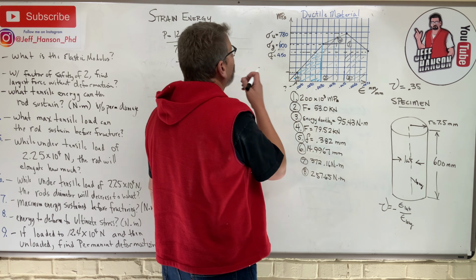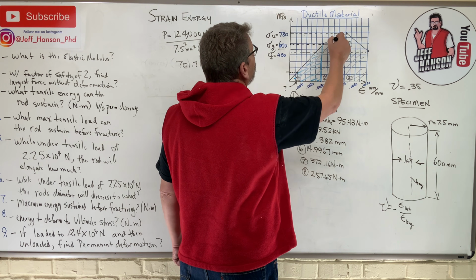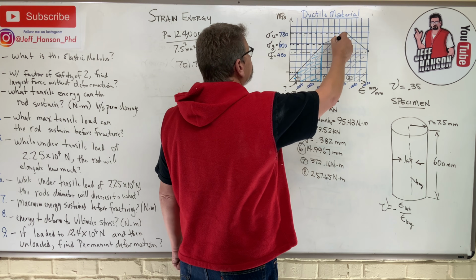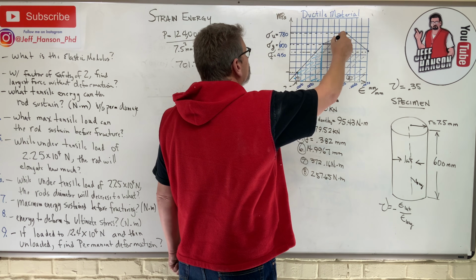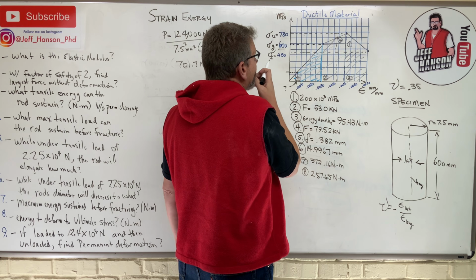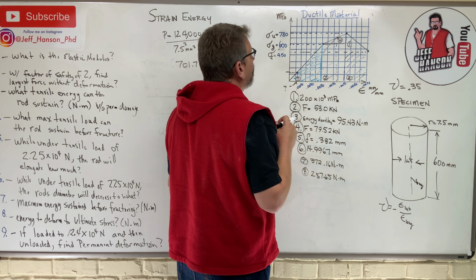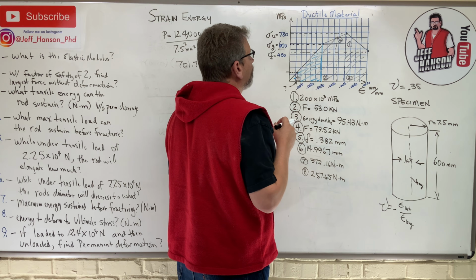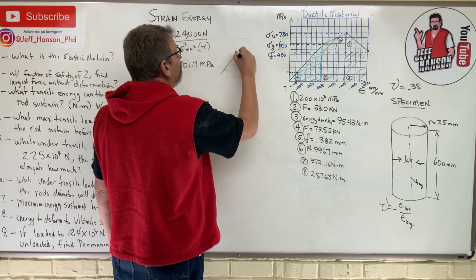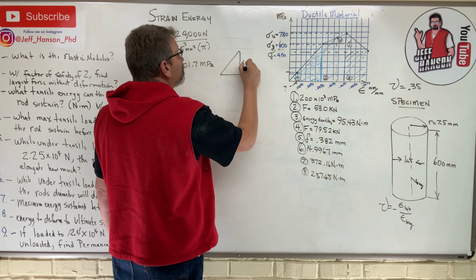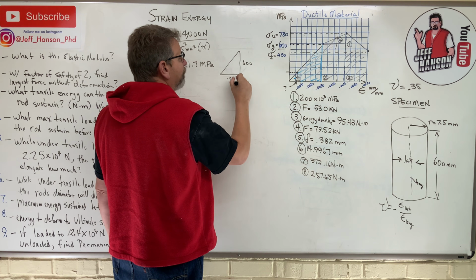We could do some geometry and figure that out. Well, it all comes down to kind of an estimation here, right? So this is 700. I think the easiest thing to do here is use similar triangles, right? I've got one triangle, my original triangle, which was 600 by 0.0030.